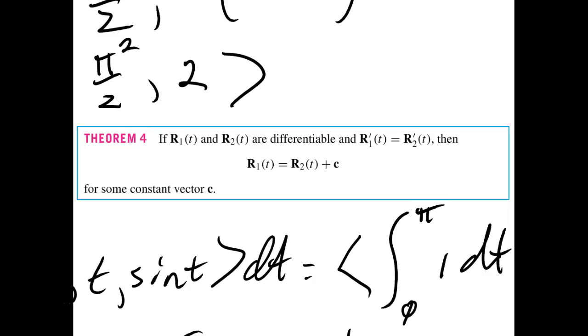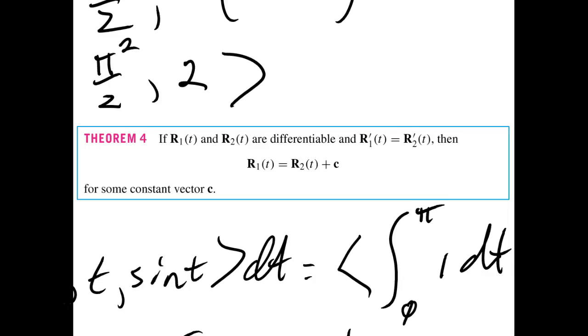No, they just could be going in the same direction with the same magnitudes, but they don't have to be on top of each other. They could be somewhere else. They could differ by a constant vector. It could be here and here. They're not the same, but the vector that connects them will be the constant. For some constant vector C.